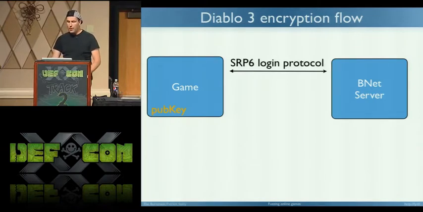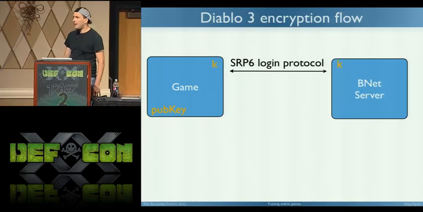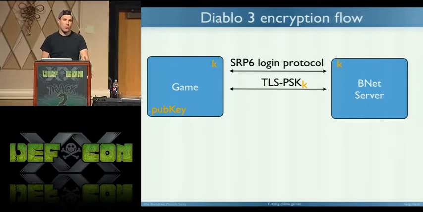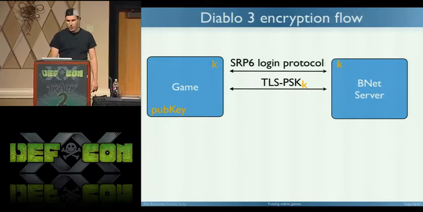And when you have done that, what you obtain is a secret key, which is shared between the Battle.net server and the game, and changes every instance of the game, of course. And then you use that to start TLS. So you do TLS-PSK, which is pre-shared key. Instead of using certificates to exchange the keys, they actually use the keys they derived in SRP6.